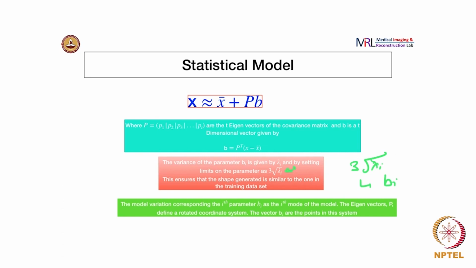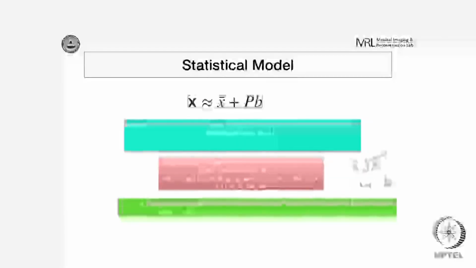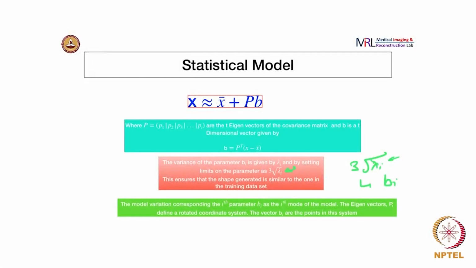But another way of looking at it is that it gives you a very systematic way of imposing constraints on Bi. Now you know its maximum, this 3 sigma. So you know what kind of constraint to put on Bi, because at some point we'll be estimating the Bi, since that's what tells you the shape, and we want to make sure that it won't go beyond these limits.